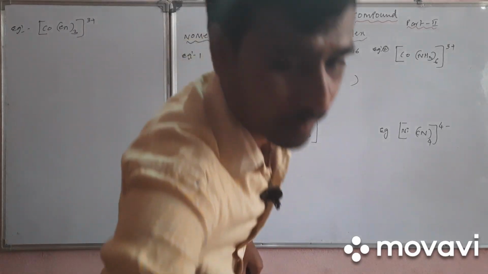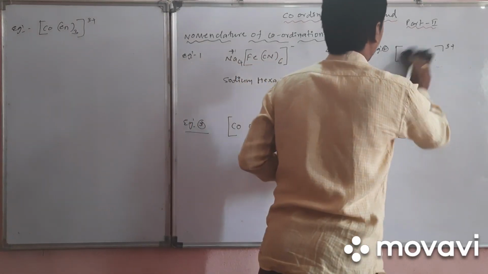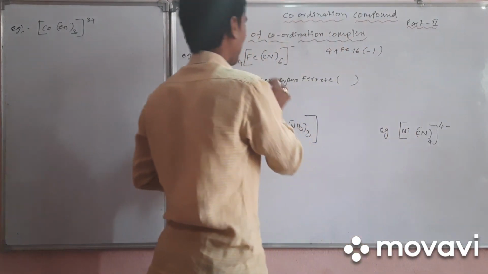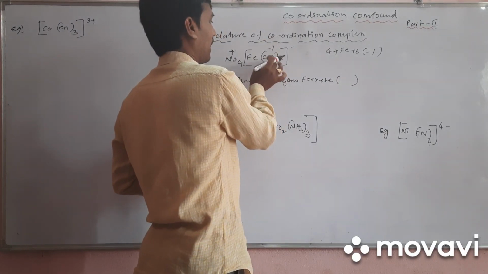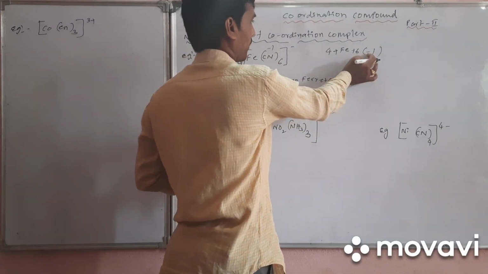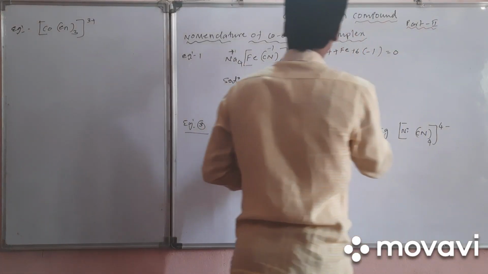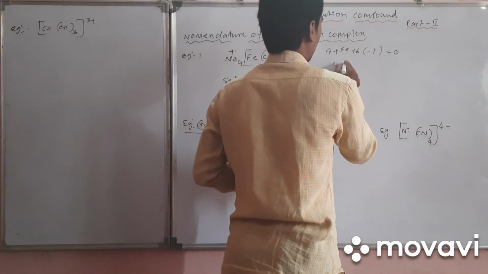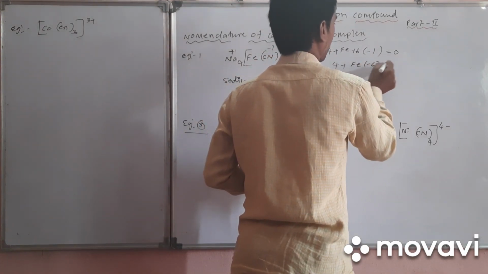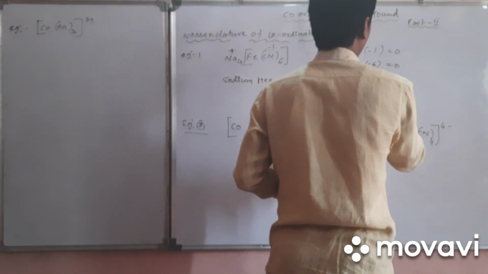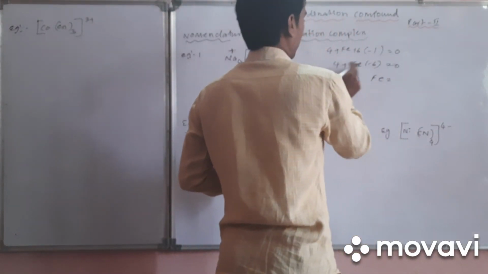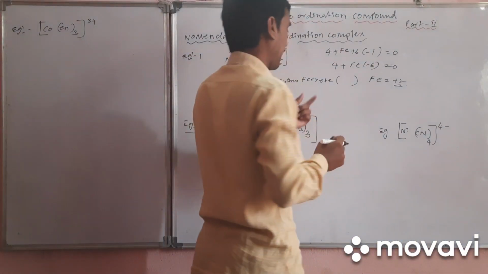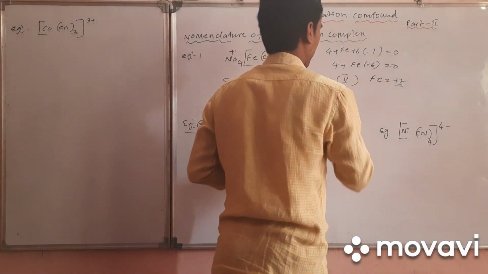These are monodentate negative ligands, as we saw in the last class, so we use -1. The total charge is equal to 0, there is no overall charge. So 4 plus Fe minus 6 is equal to 0. Then Fe is equal to 6 minus 4, which is +2. The oxidation number of the iron atom is +2.